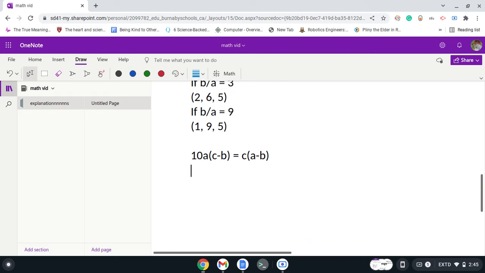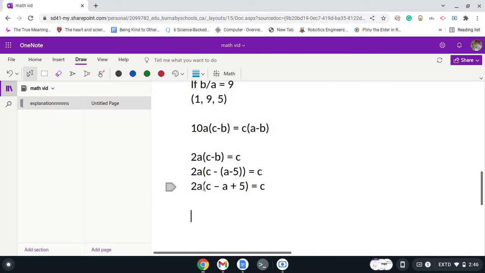So now if A minus B is equal to 5, then we would have 2A times (C minus B) is equal to C. And since A minus B is equal to 5, we can write this as 2A times (C minus (A minus 5)) is equal to C. So 2A times (C minus A plus 5) is equal to C. Okay, so note that A divides C.